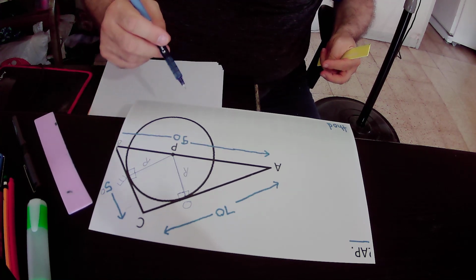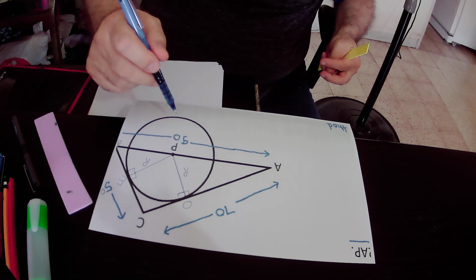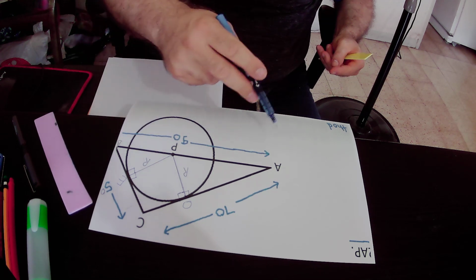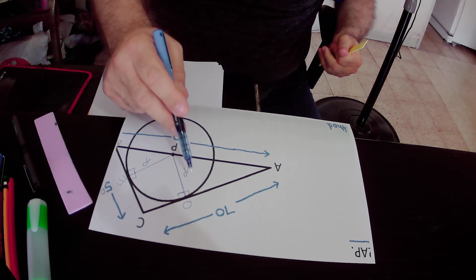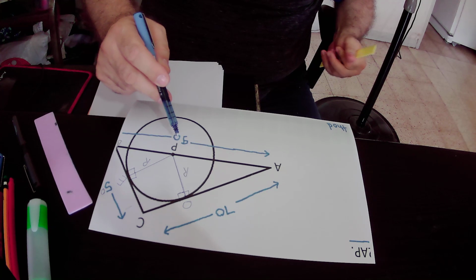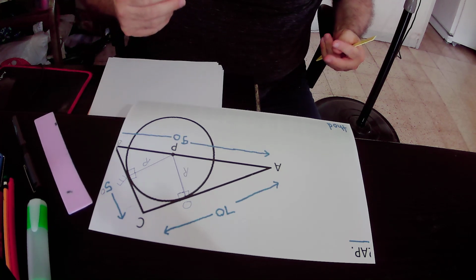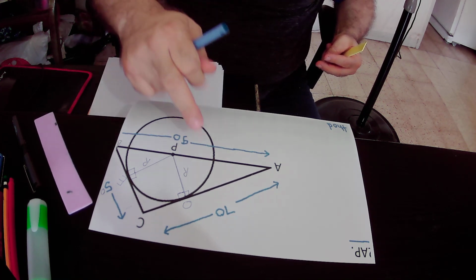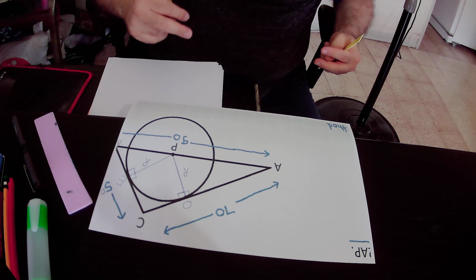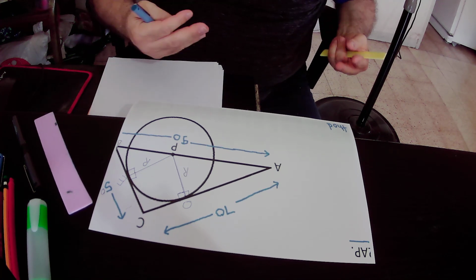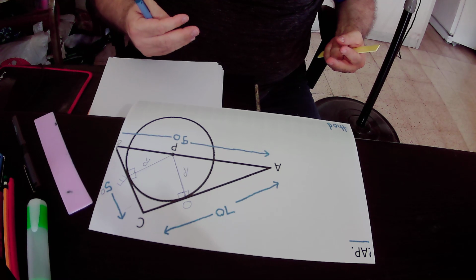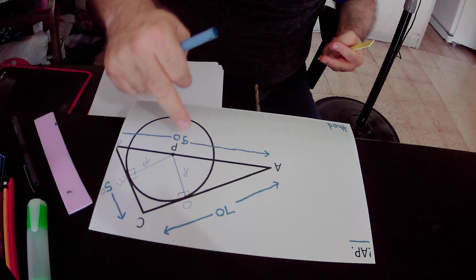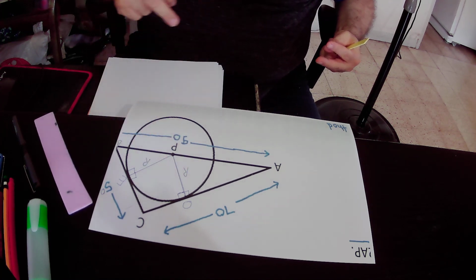And for the same reason, PO is a radius of the circle, and side AC of the triangle is tangent to that radius, and for that reason they create between them 90 degrees at the touching point, that is point O. For that reason POA is also 90 degrees and POC is 90 degrees.